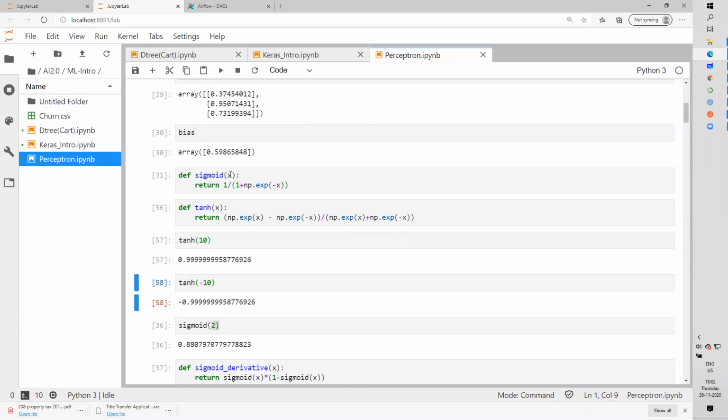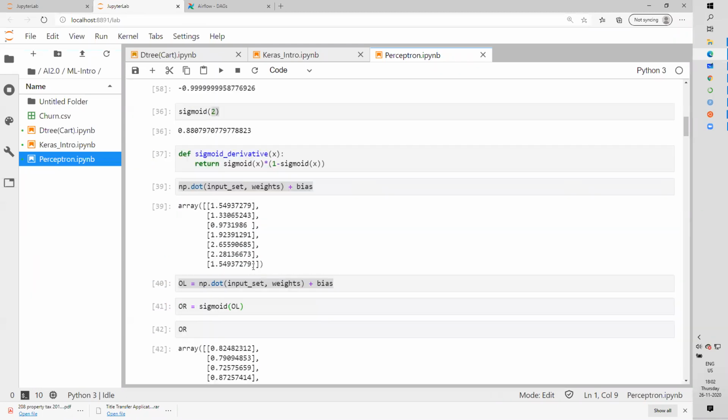Sigmoid output is always between 0 and 1. That's why for a high negative value we get -0.99, and for a high positive value we get 0.99. So our output is always between -1 and +1.